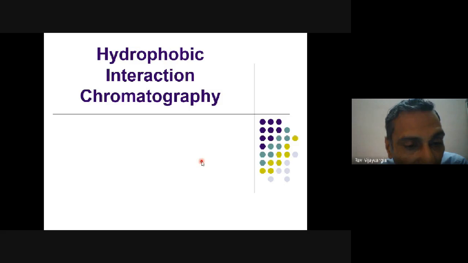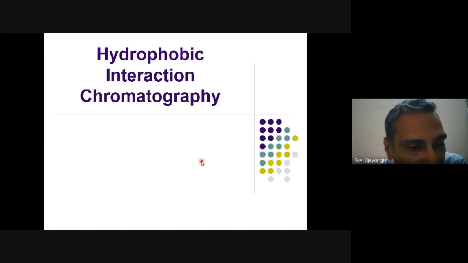Also, normally whenever small molecules are there, instead of FPLC, HPLC is more preferred. HPLC is generally good for smaller molecules. Proteins are generally large molecules. If you have smaller molecules, HPLC is a better way to purify.